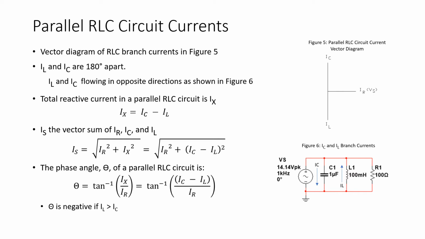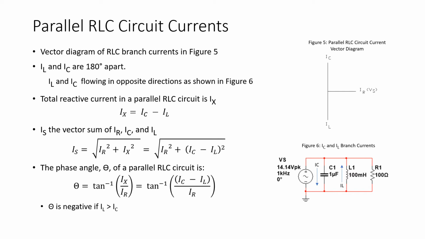Now, the source current, as described by Kirchhoff's current law, is the sum of IC, IL, and IR, but since these currents don't happen at the same time, we must combine them as vector quantities. So the source current is equal to the square root of IR squared plus (IC minus IL) squared.